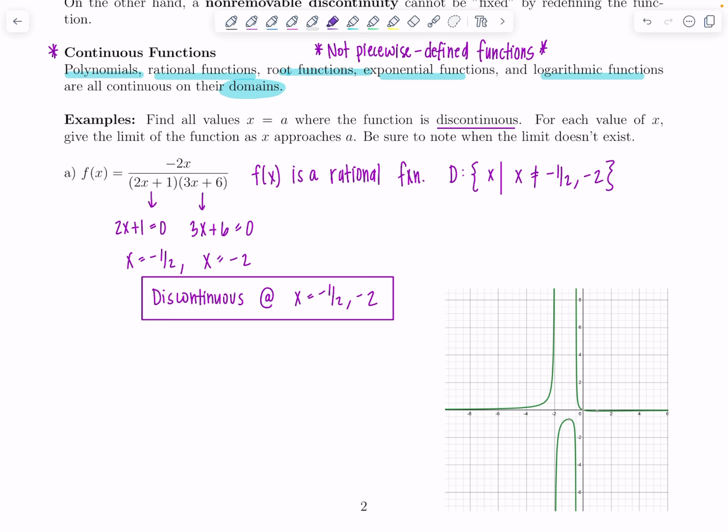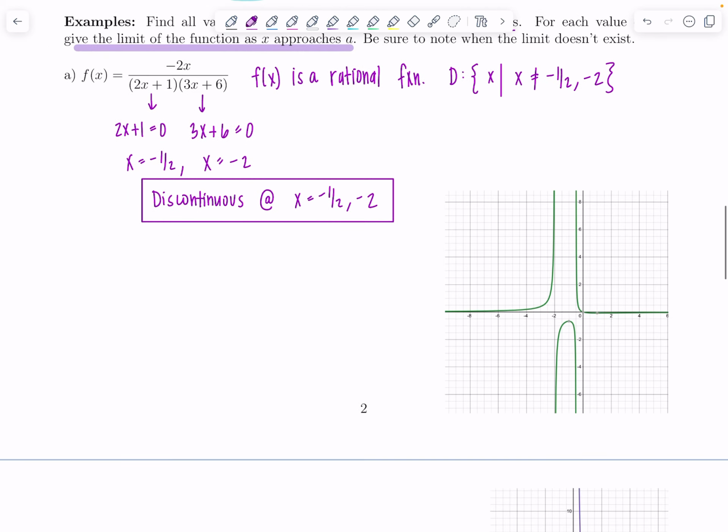Okay, now one more thing we need to do. It says, for each value of x, give the limit of the function as x approaches a. So each of these are the a values. I want to know what's the limit as x approaches negative 1/2 of f of x, and then what's the limit as x approaches negative 2 of f of x. And we're just going to use the graph.